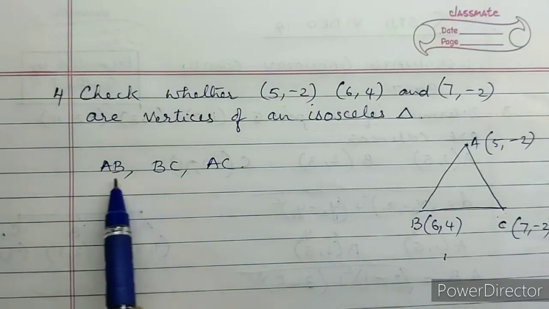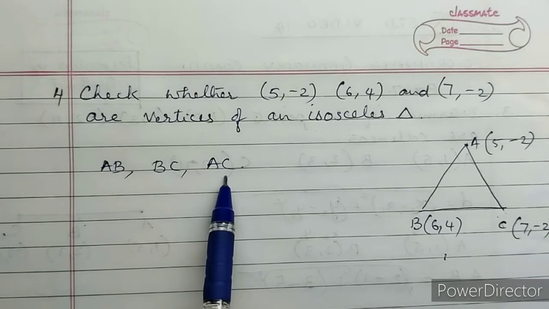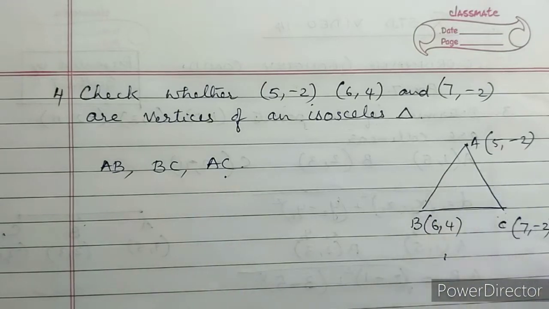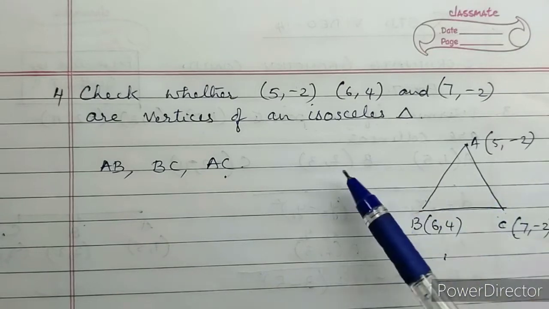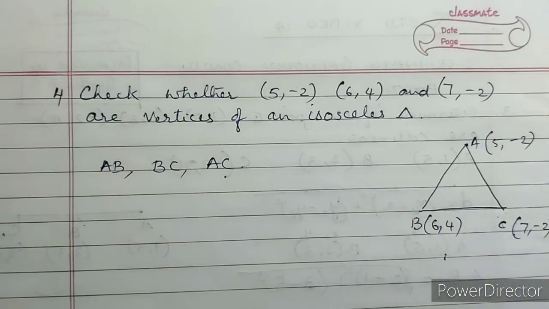If any two sides are equal, you can say that this triangle is an isosceles triangle. If three sides are different, it means it is a scalene triangle. If all three sides are equal, it means it is an equilateral triangle. So you can write the conclusion also. So this sum you have to do in your classwork only by yourself.